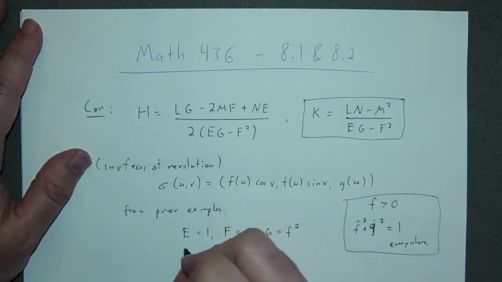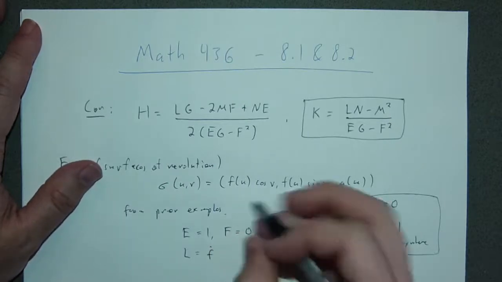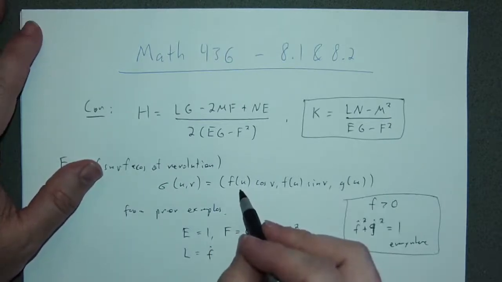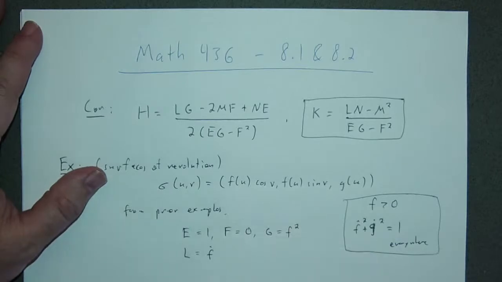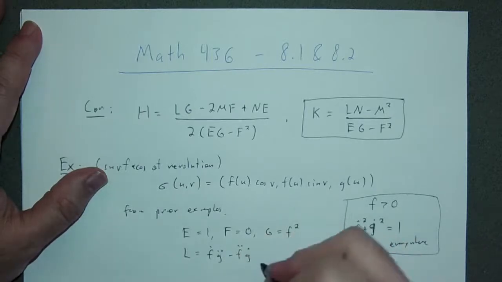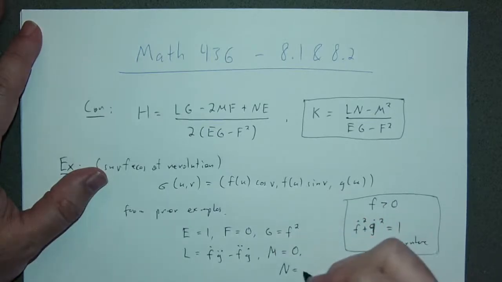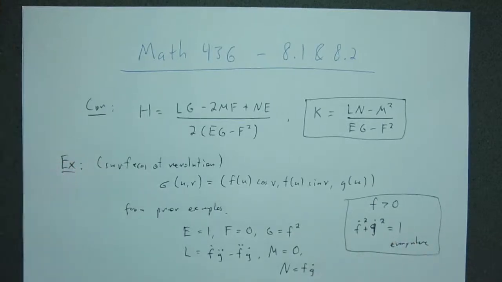L was computed to be f dot g double dot minus f double dot g dot, where dot here denotes derivative with respect to u. M is 0, and N is f times g dot. So we had previously computed all of these things.